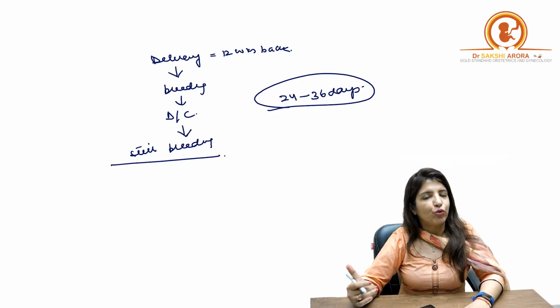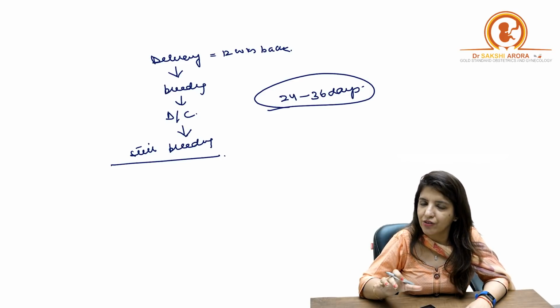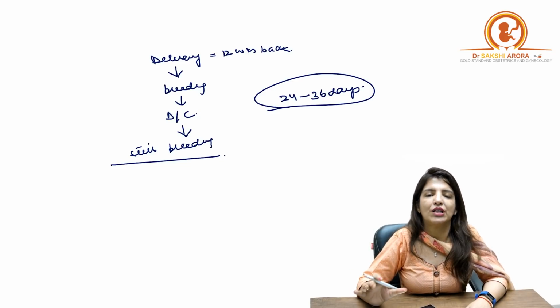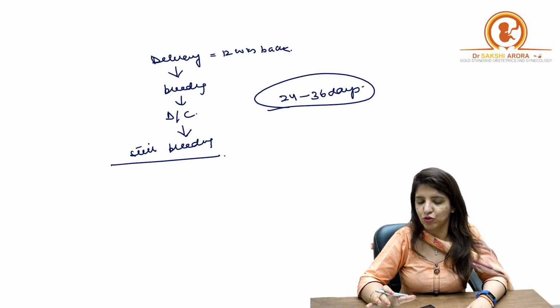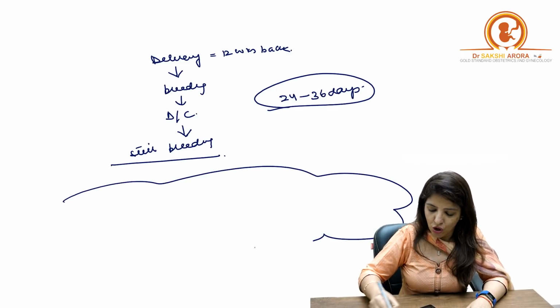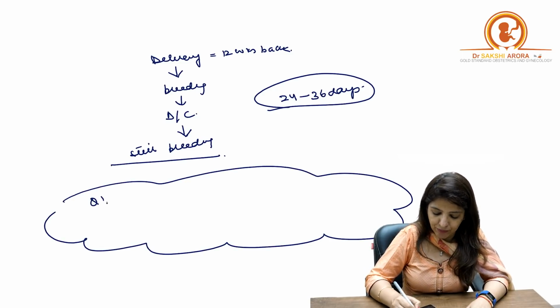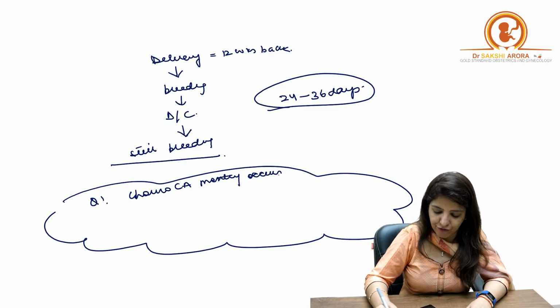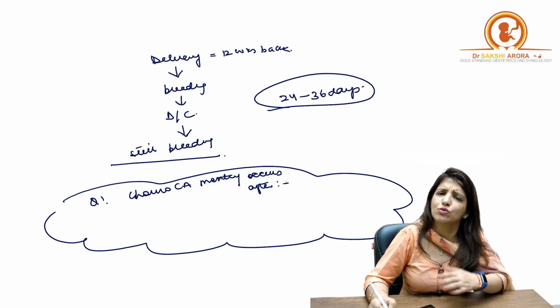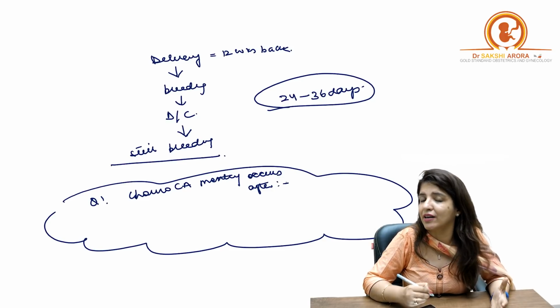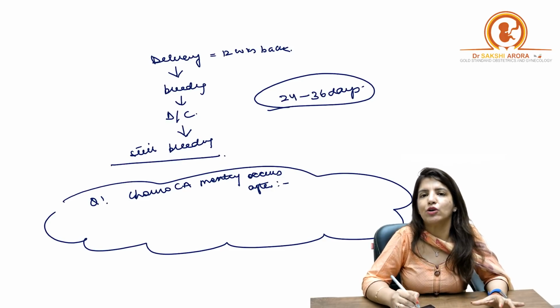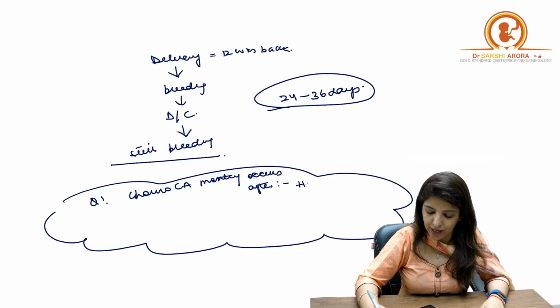Right? Now, before I end this discussion, there are 2 or 3 very important points which you have to remember. Suppose question number 1 is: choriocarcinoma mostly occurs after what? So most commonly choriocarcinoma occurs after H-mole evacuation.